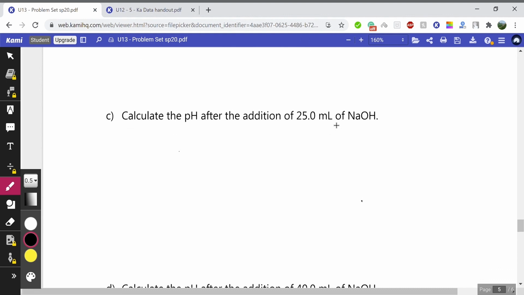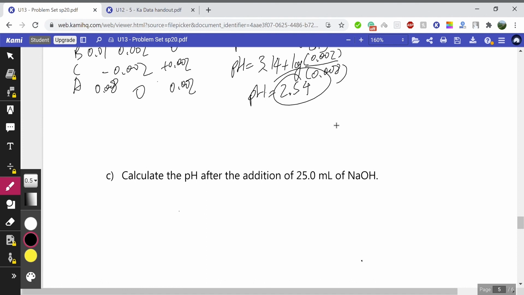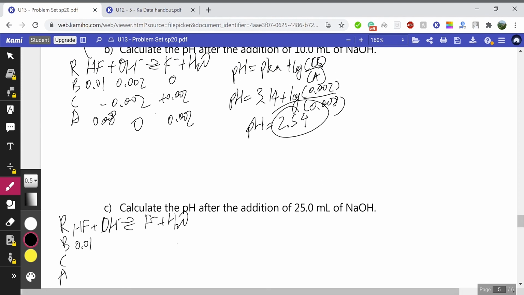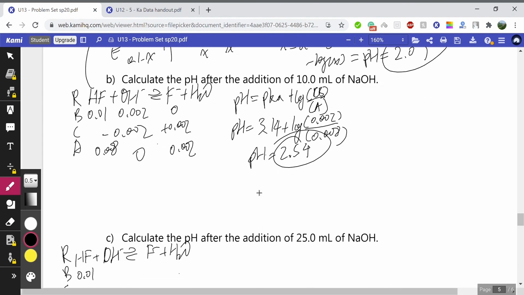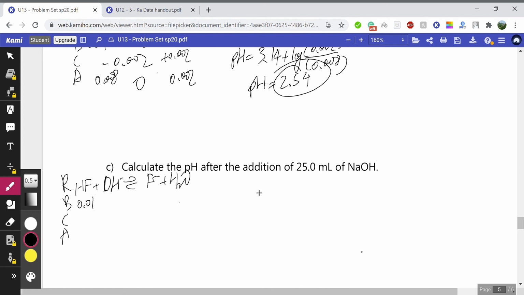C, calculate pH after adding 25 milliliters. So it's going to be the exact same thing. RICE, HF plus OH minus, forming F minus plus H2O. This will be 0.01 as usual, and for 25 milliliters it's going to be 0.2 molar of OH minus up here times 0.025 liters this time, which will give you 0.005.